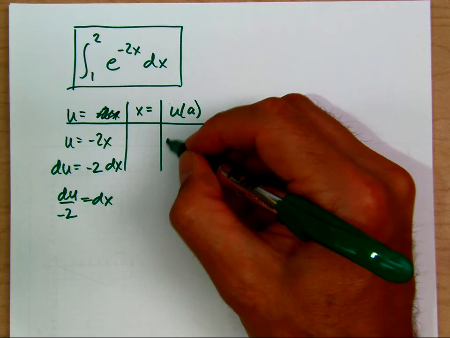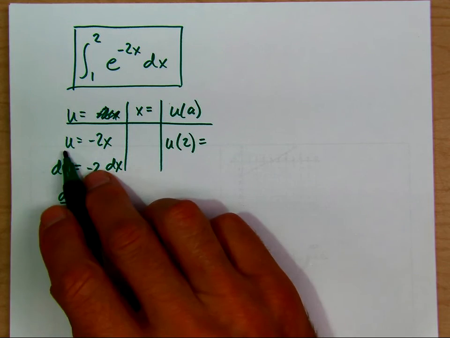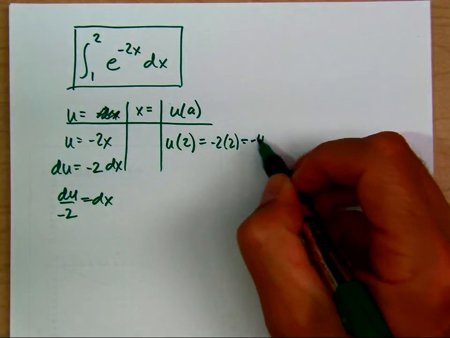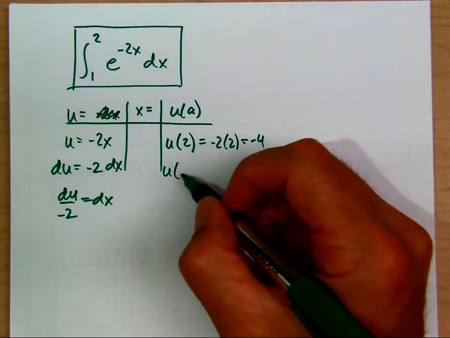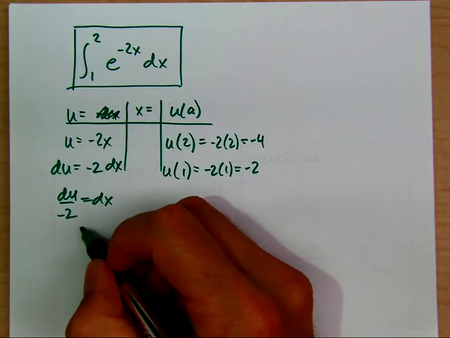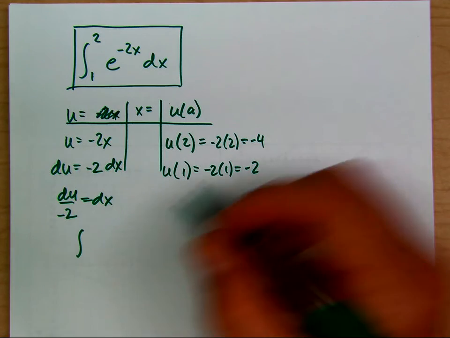We also need to find u evaluated at 2. So there's u, negative 2 times x. U evaluated at 1, negative 2 times 1. And now instead of going from 1 to 2, we'll go from negative 2 to negative 4.